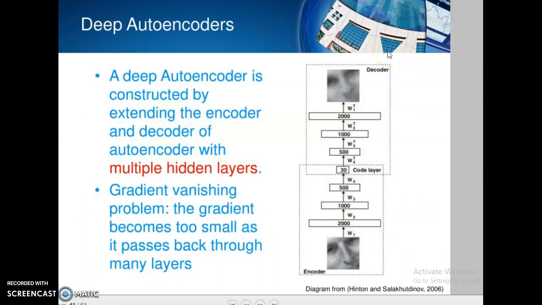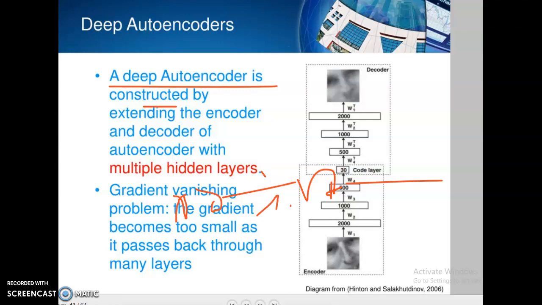Deep autoencoders. A deep autoencoder is constructed by extending the encoder and decoder of an autoencoder with multiple hidden layers.